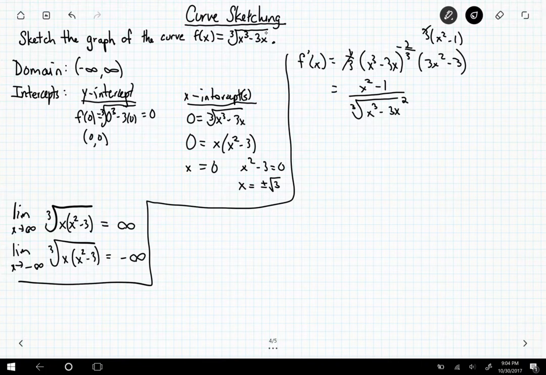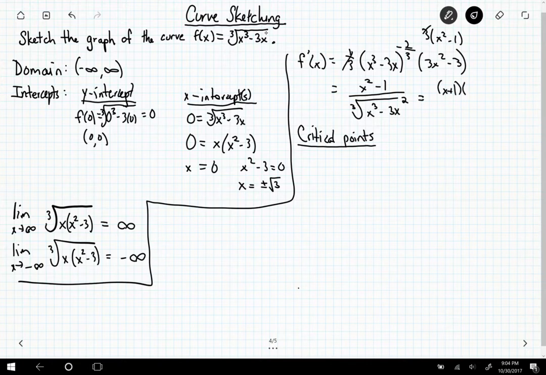So what we want to find next are critical points. The critical points are when this derivative is either undefined or equal to 0. So let me write this. You can actually factor the top.